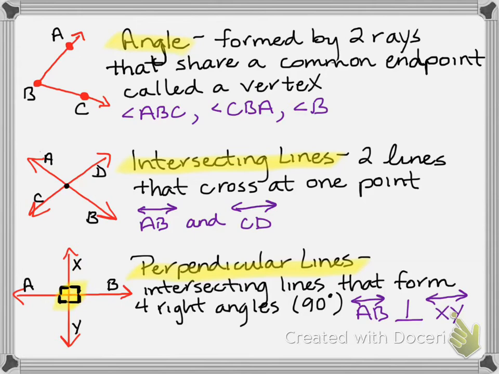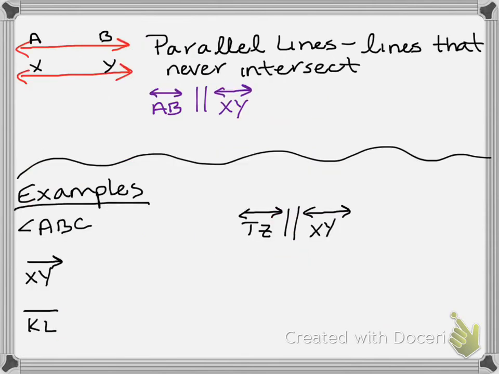And then the last one is parallel. This isn't a special type of intersecting lines because parallel lines never intersect. Think about railroad tracks, or whatever you want to think about to remember parallel lines, but they never intersect. We have a new symbol for this.